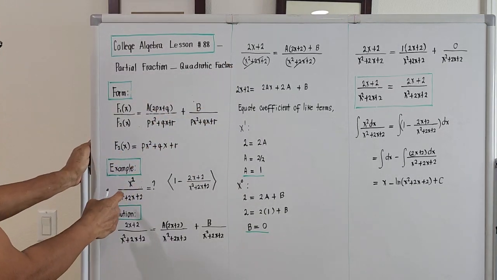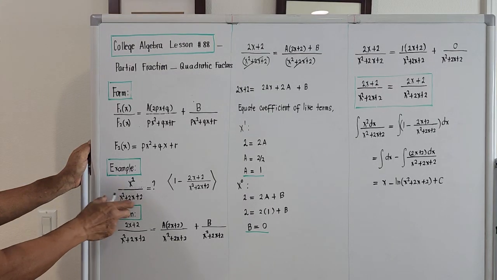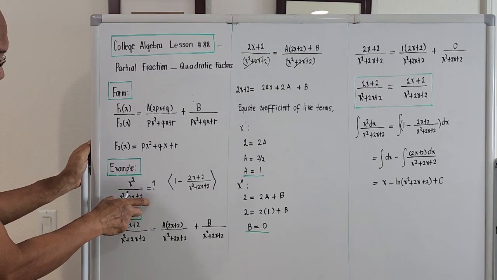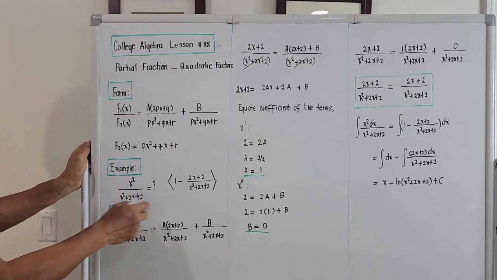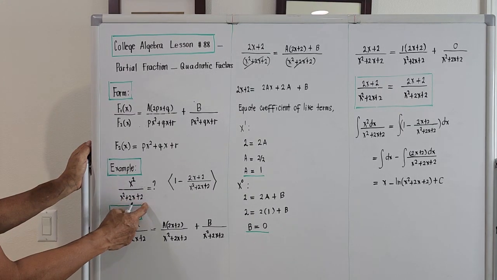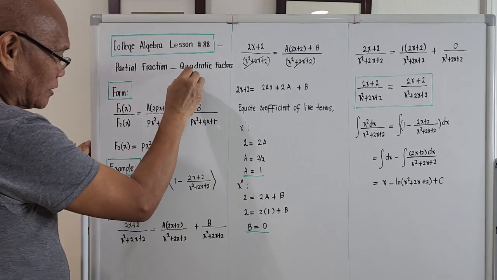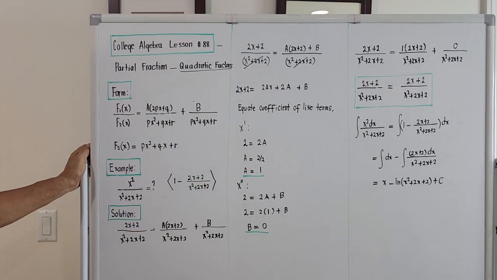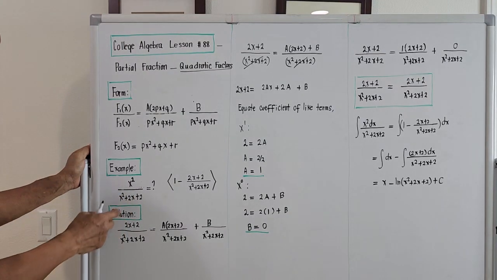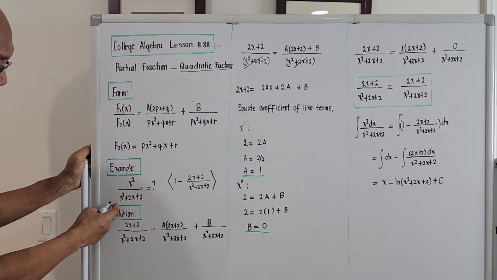Okay, let's try to solve this problem here. We will take the partial fraction equivalent. The given denominator is actually x squared plus 2x plus 2, so it falls under quadratic factors, right? What I did first is that this is x squared, this is x squared.